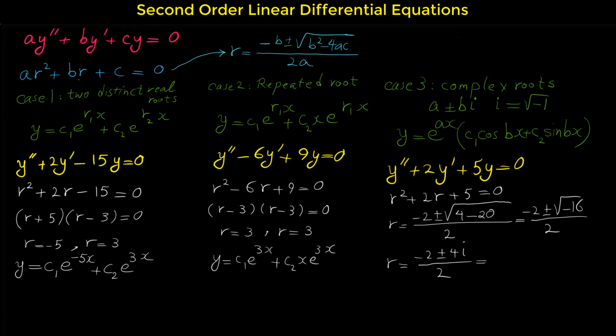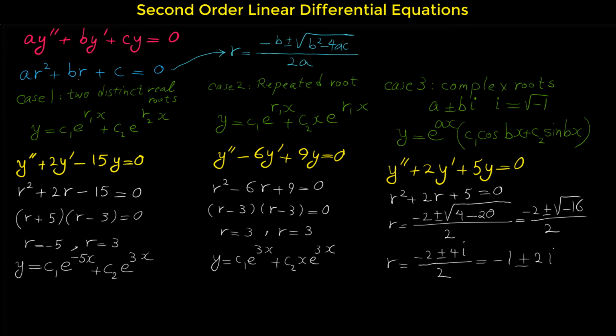Negative 2 divided by 2 is negative 1, plus or minus 4i divided by 2 is plus or minus 2i. Now if we look at here, a is negative 1 and b is 2. So at this step, just plug in these numbers for a and b in the formula, and then you can write the solution easily.